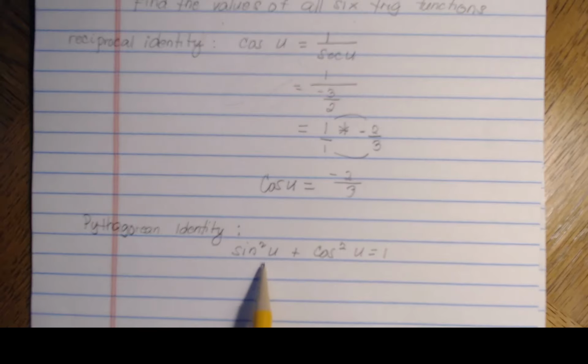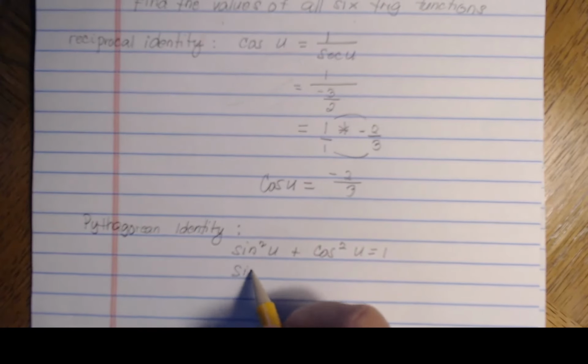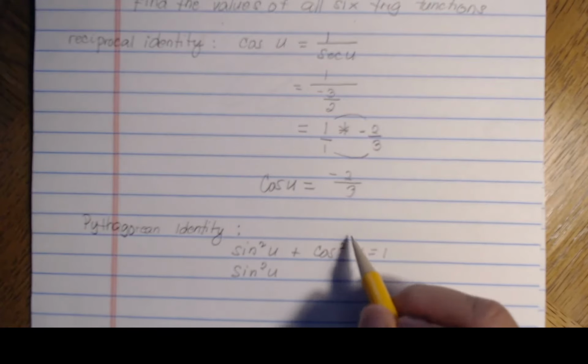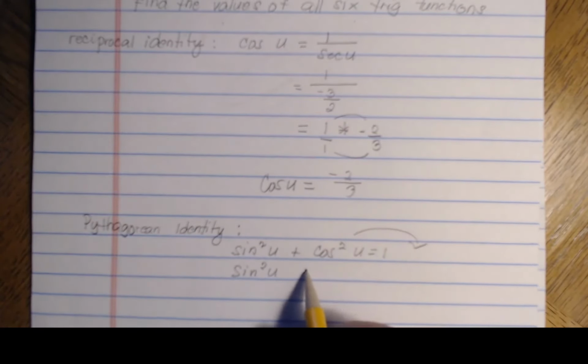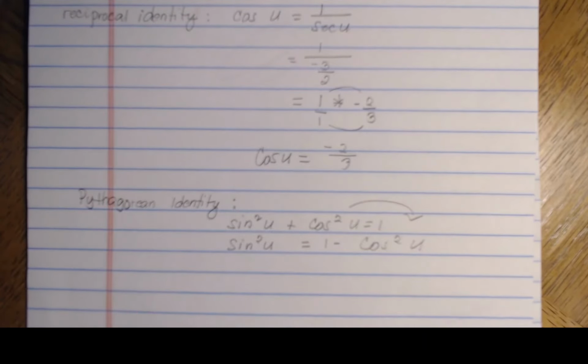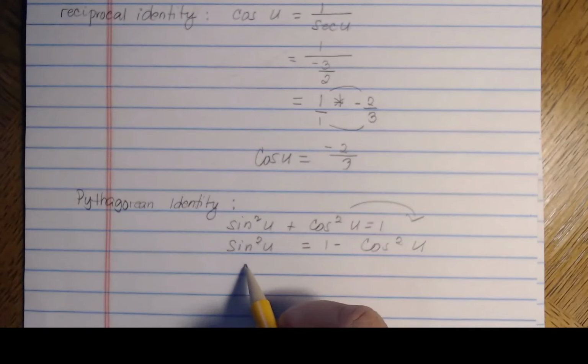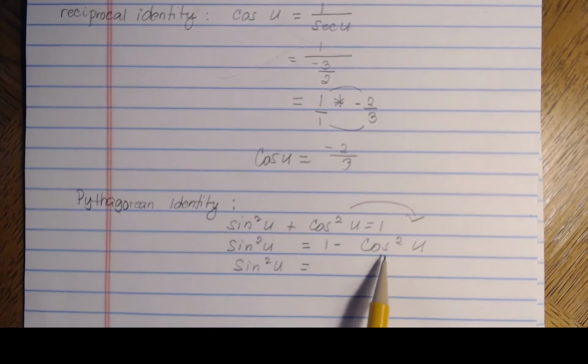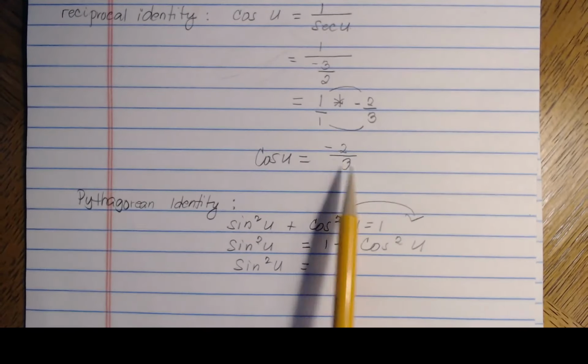So solving for sine, sine squared u, move this over to the other side. That becomes now 1 minus cosine squared u, because I'm trying to find sine. Then, of course, plug in your cosine, which is negative 2 over 3.